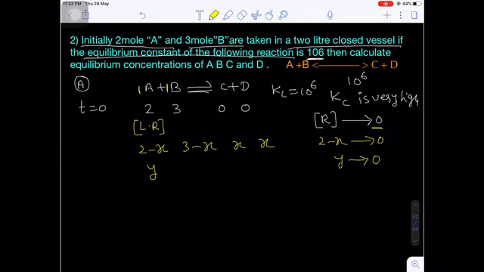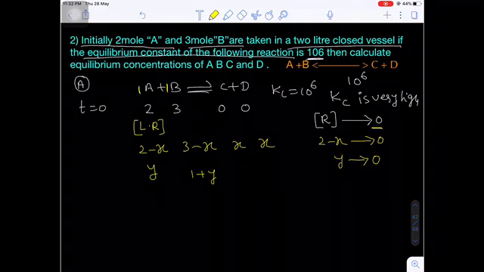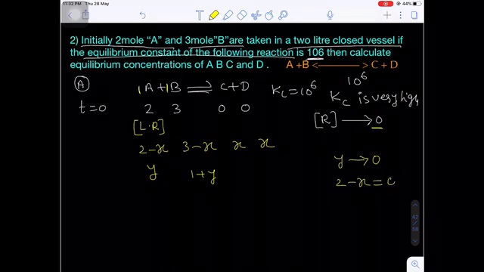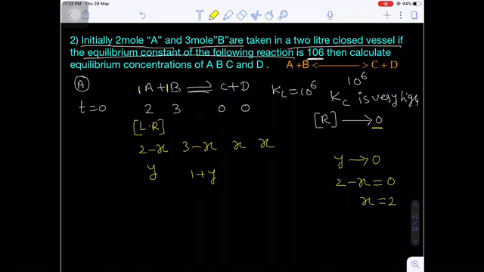Now, 3 minus X becomes what? 1 plus Y. Because 2 minus X is Y, 3 minus X is 1 plus Y. And for the X value, I am taking 2 minus X as 0. So the X value is how much? 2. X is 2, since 2 minus X tends to 0.